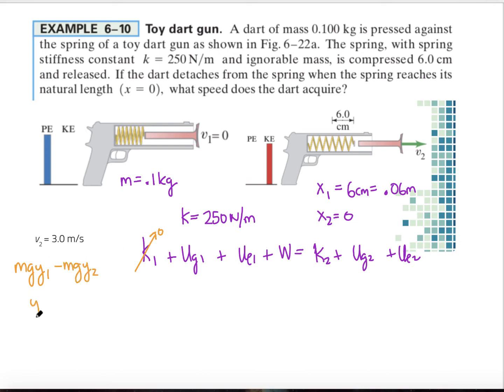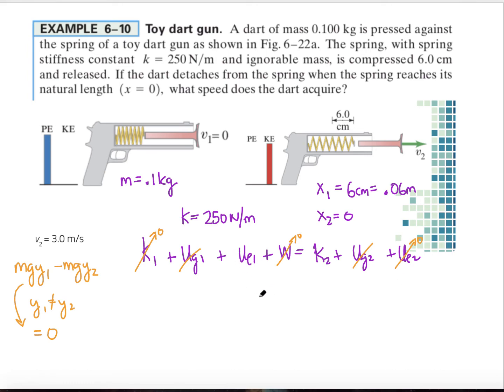Well, if y1 is equal to y2, then these two would cancel each other out, whatever height we're at. Now, there's no work done by any outside forces, and after our spring launches our dart, it is not compressed anymore. So our final elastic potential energy is 0.